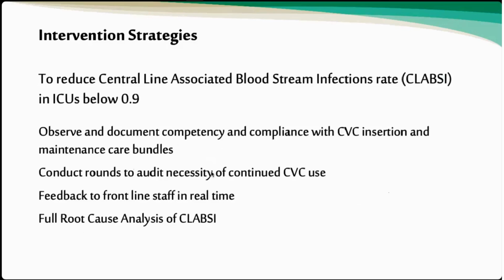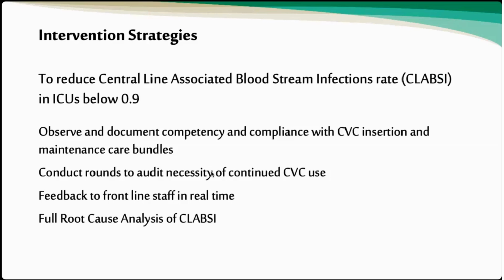Another example, for the objective to reduce central line associated bloodstream infection rate in ICUs below 0.9. So our intervention strategies should tell us how we are going to achieve this objective for this year.